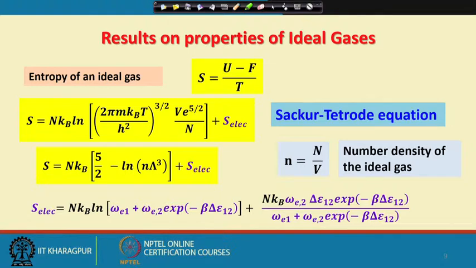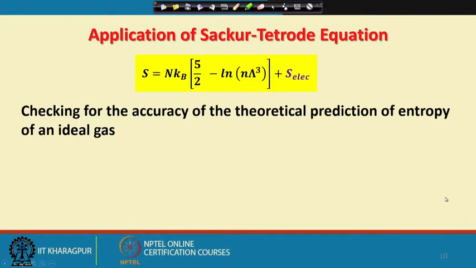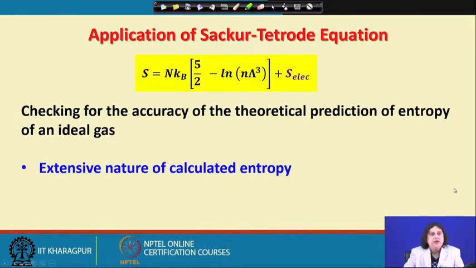We are going to use this equation now to do some of the following checks. First, we are going to check the accuracy of the theoretical prediction of entropy of an ideal gas, by examining whether the entropy that we are calculating here preserves the extensivity of entropy as denoted by the basic formulation of thermodynamics.